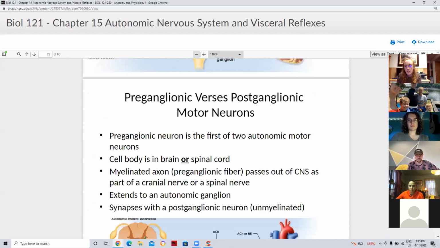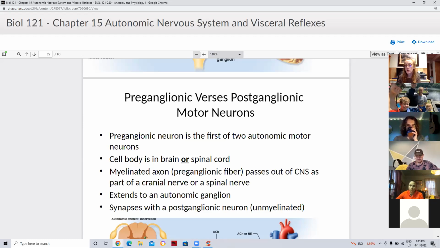So preganglionic versus postganglionic motor neurons. Preganglionic is the first of the two autonomic neurons, with the cell body being present in the brain or the spinal cord. It's myelinated and it passes out of the central nervous system as part of a cranial nerve or a spinal nerve.